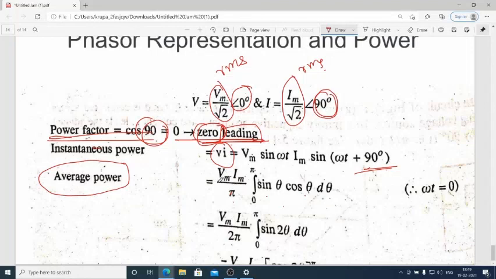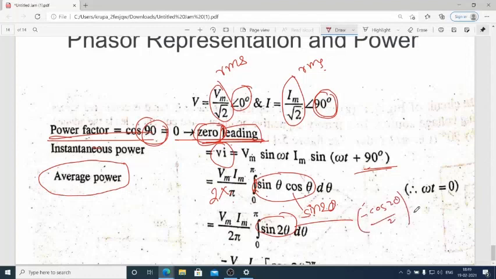We all know 2 sin theta cos theta, so we can multiply the numerator and denominator with 2. This can be written as sin 2 theta. Vm Im upon 2 pi sin 2 theta integrated gives minus cos 2 theta upon 2 with limits 0 to pi.